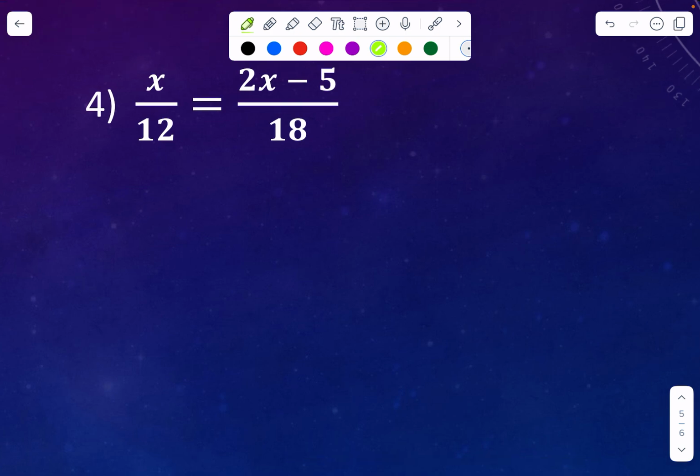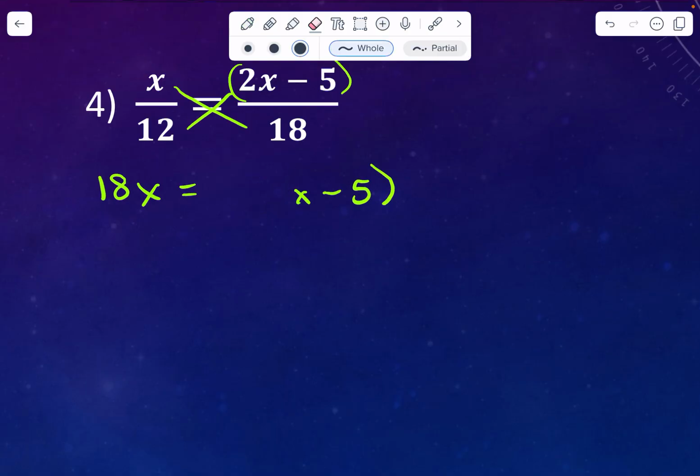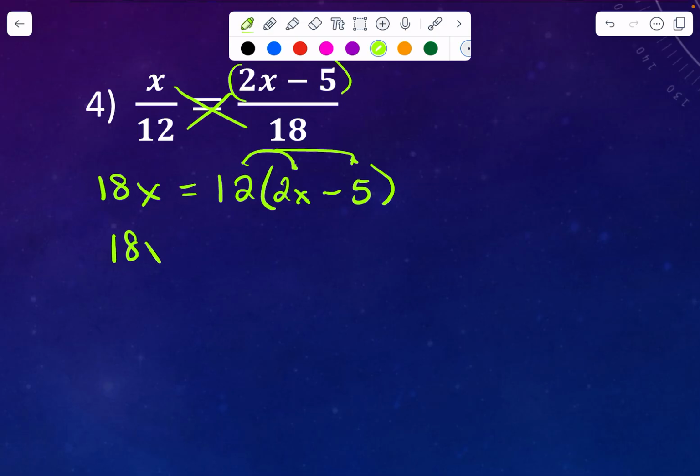Let's try another one of these. I'm going to start off by going x times 18. I'm going to go 12 times the quantity 2x minus 5. So we've got groupings here again. I'm now going to distribute. So I have 18x equals 24x minus 60.